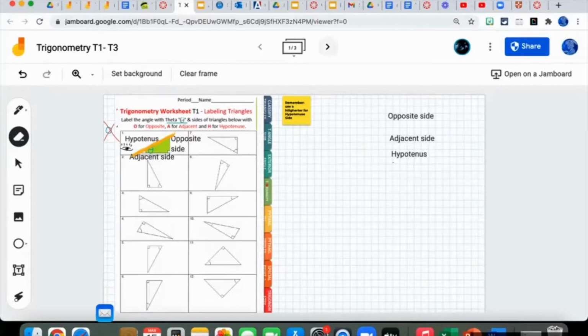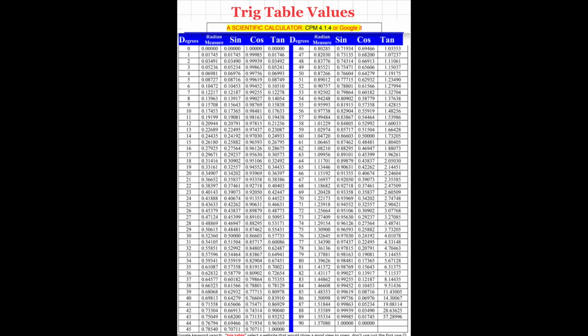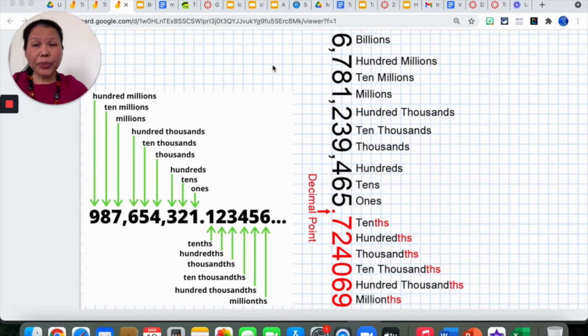What we will also show you on the next page is how to look up values using this table of trig values. Here's the trig table values. We want the answer to be rounded to the nearest hundredth. Let us review the decimal chart and how to round decimals. If you remember, T2 asks you to round your decimals to the hundredths place.